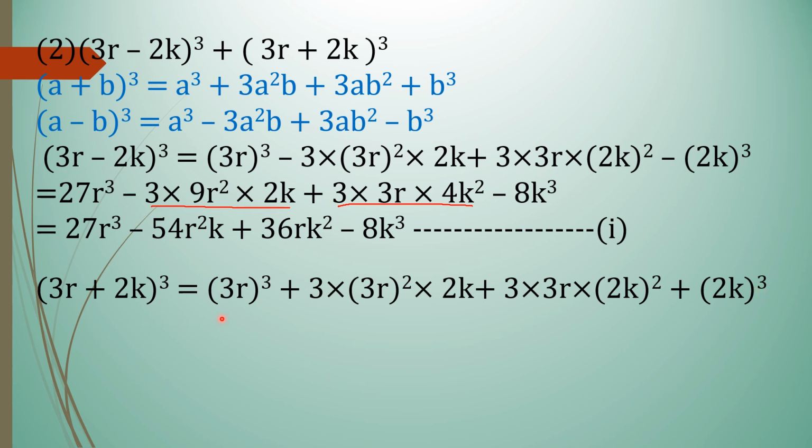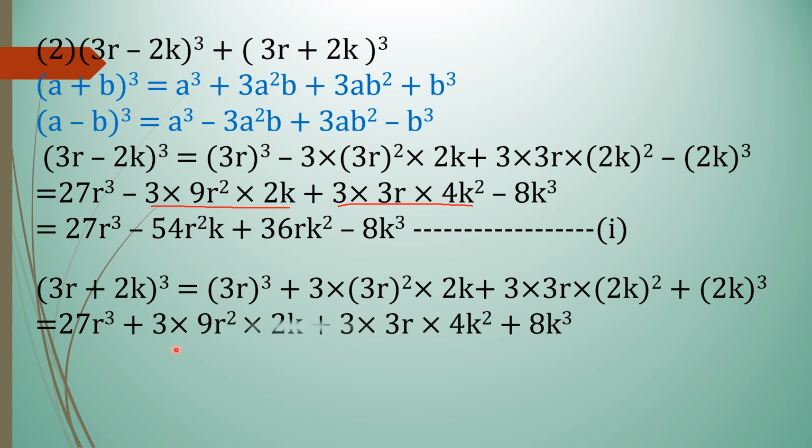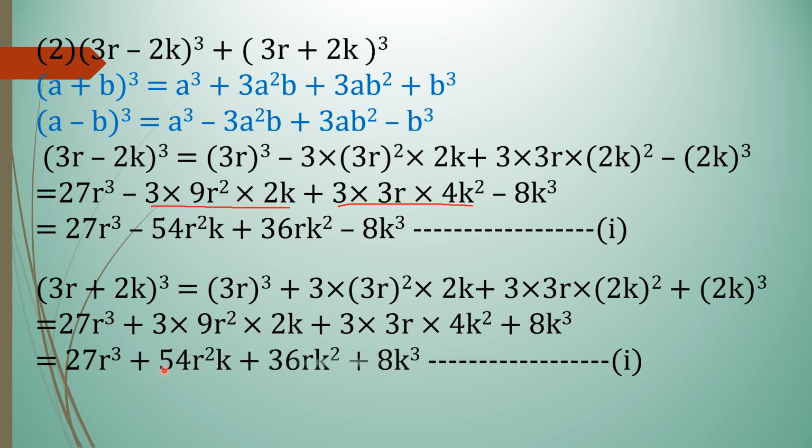So now further, 3r the whole cube will become 27r cube plus 3 into 3r square will become here 3 into 9r square into 2k plus 3 into 3r into 2k the whole square will become 4k square plus 8k cube. So we'll multiply further and start writing.